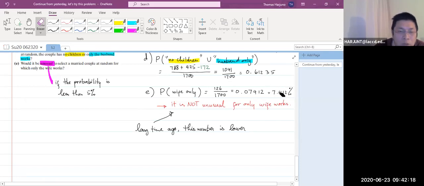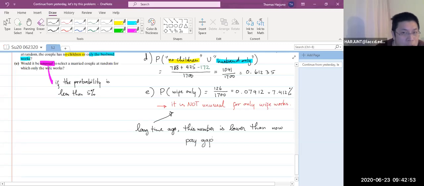Now, what I want to say is this: a long time ago, the proportion of married couples in which only the wife works is a lot lower compared to now. And the reason, I believe, has something to do with the pay gap of male and female.